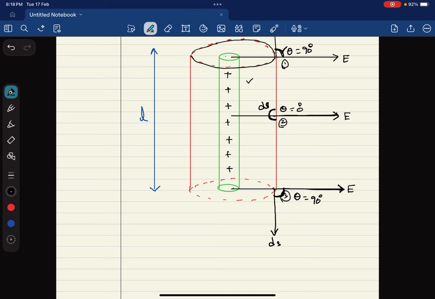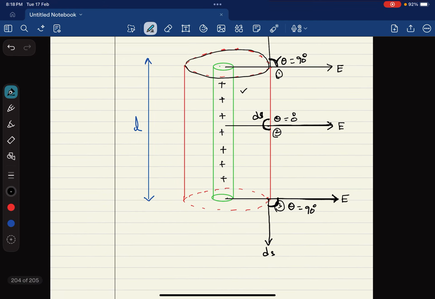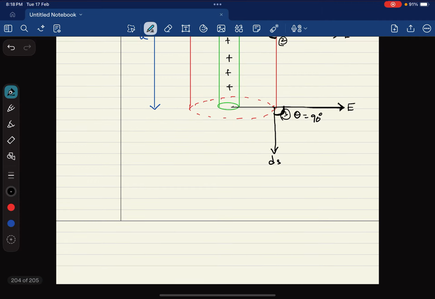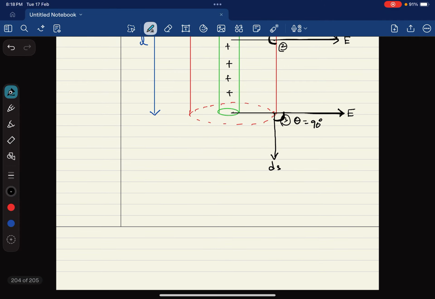To calculate the electric field, we will use Gauss law. According to Gauss law, closed integral of E dot ds cos theta is equal to q by epsilon naught. This is the Gauss law expression.